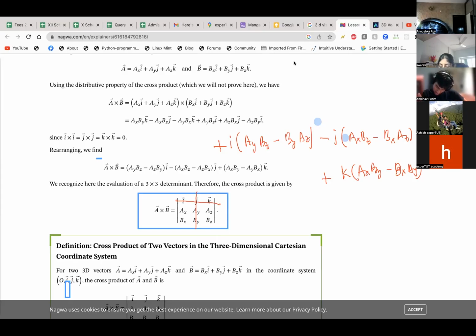Then cross them: AX into BZ minus BX into AZ. Okay.